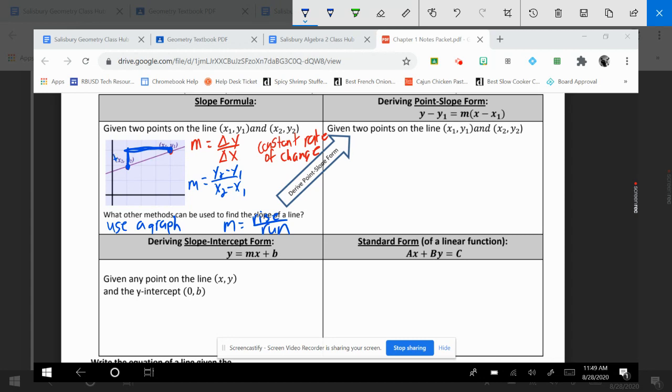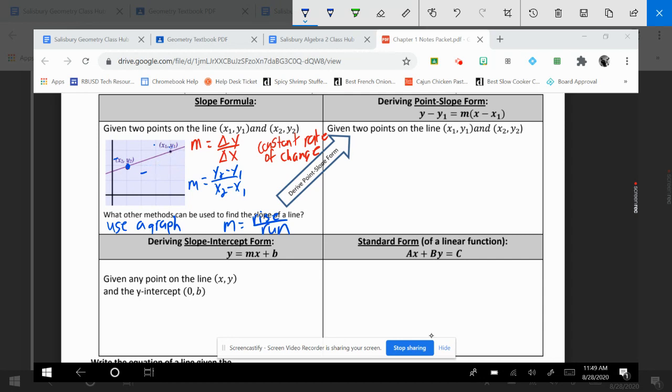Well, I'm going up 1, and then right 1, 2, 3. Up is positive, down would be negative. Right is positive, left is negative. So if we did it the other way, we would have down 1 and left 3, starting from this point, going down and then left. So you just have to be careful about those kinds of things.